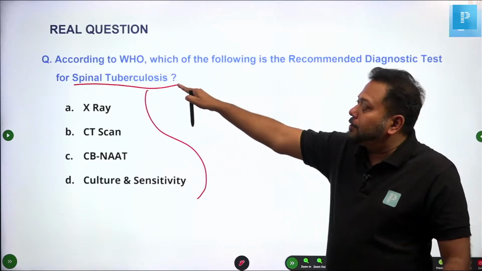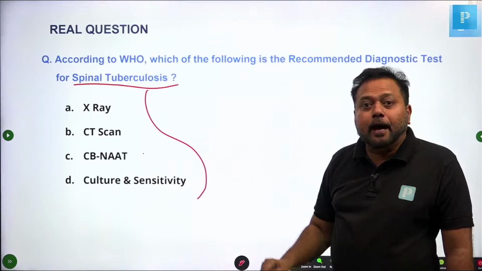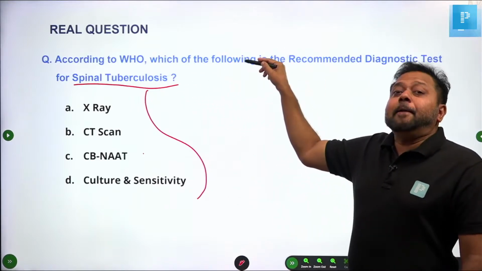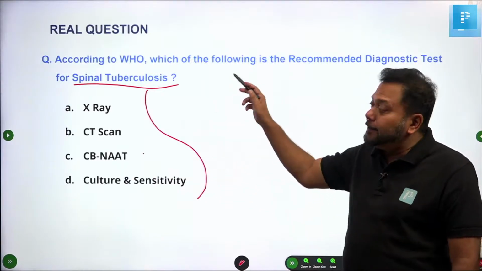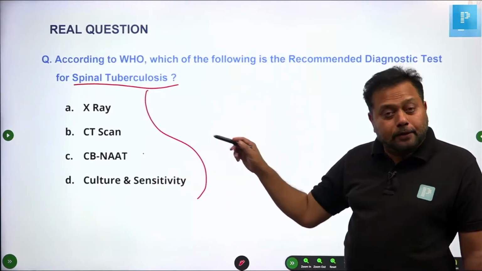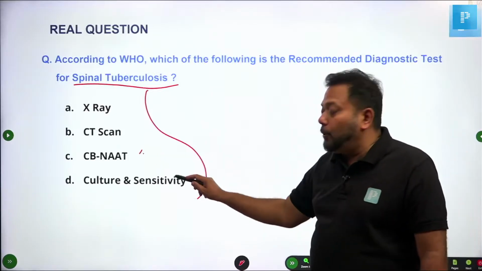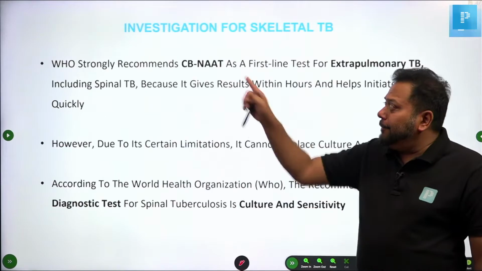They should have asked WHO first line, then you can confidently answer. Otherwise, if they ask WHO confirmatory test, you have to go for culture sensitivity. This is an ambiguous question which has been asked in INI-CET. Few students have answered this and few have answered that. So now let us see the topic correctly.